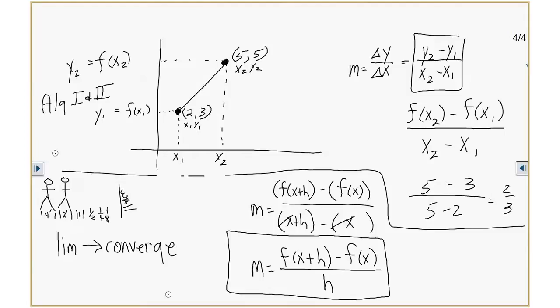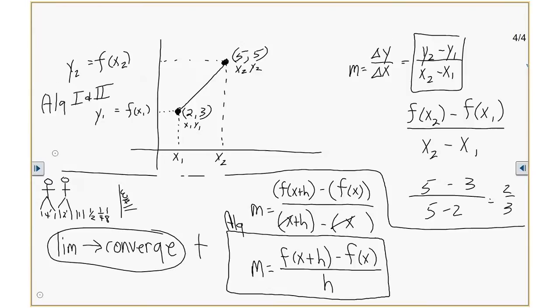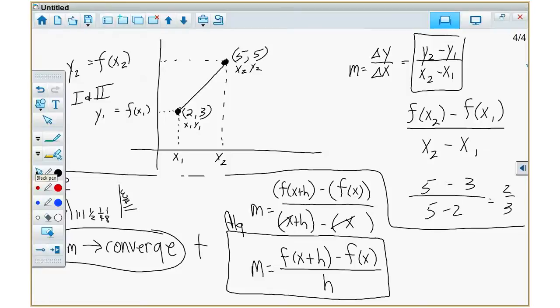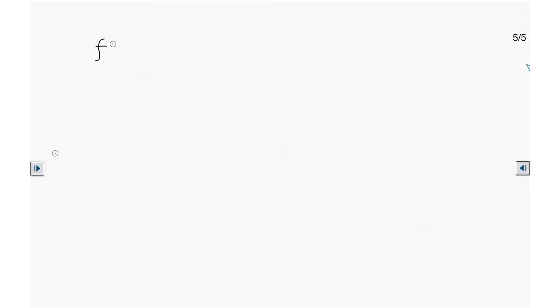So you take your algebra that you learned, and you add it to the limit, and you have calculus. You have the derivative. Okay? So, let's do that. Let's say f of x is equal to x squared plus 1.